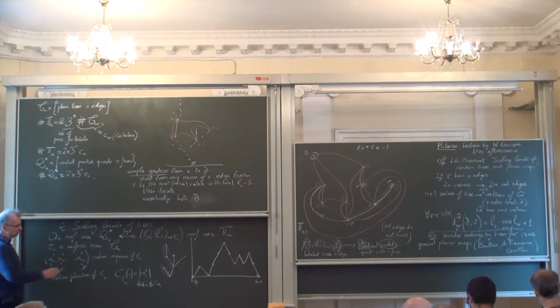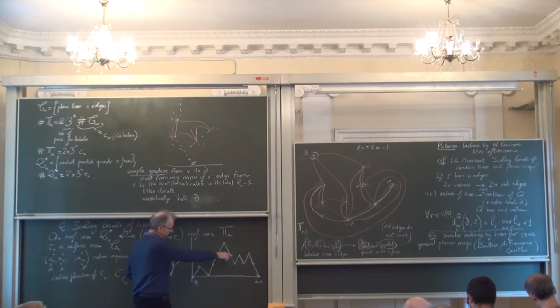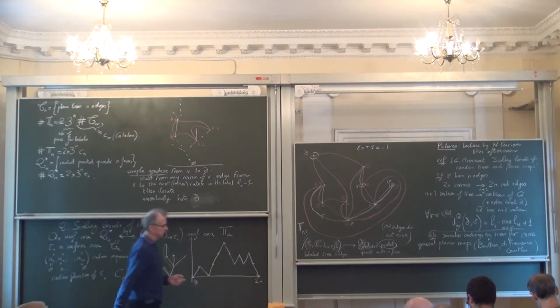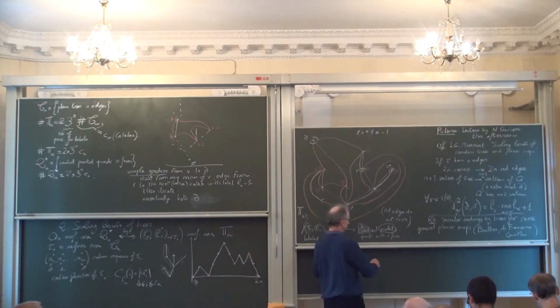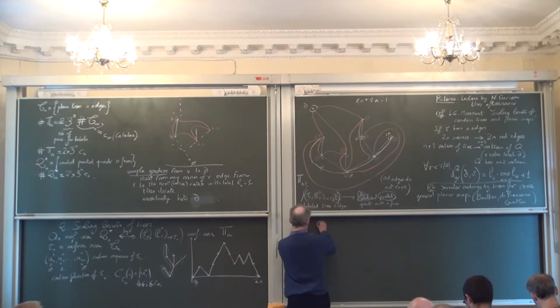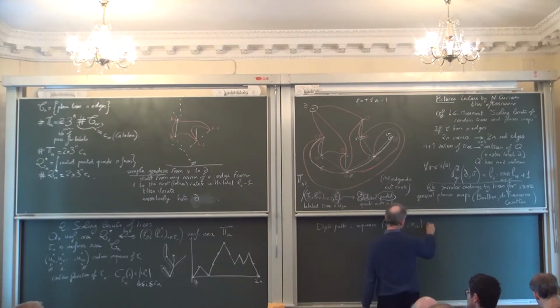And that kind of function that we get here, with steps of +1 or -1, this is what people in combinatorics call a Dyck path. So it is a sequence x0, x1, ..., x2n.